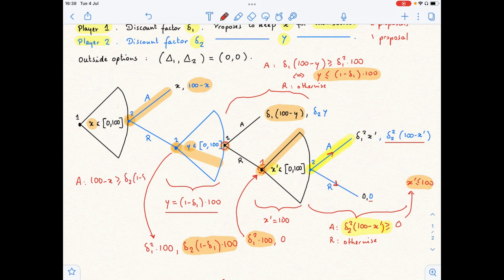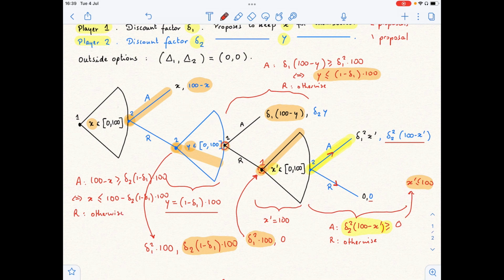So delta 2 times 1 minus delta 1 times 100, right? And this is equivalent to x being less or equal than 100 minus delta 2 times 1 minus delta 1 times 100, right? So this is the decision rule of player 2, and they would reject otherwise.